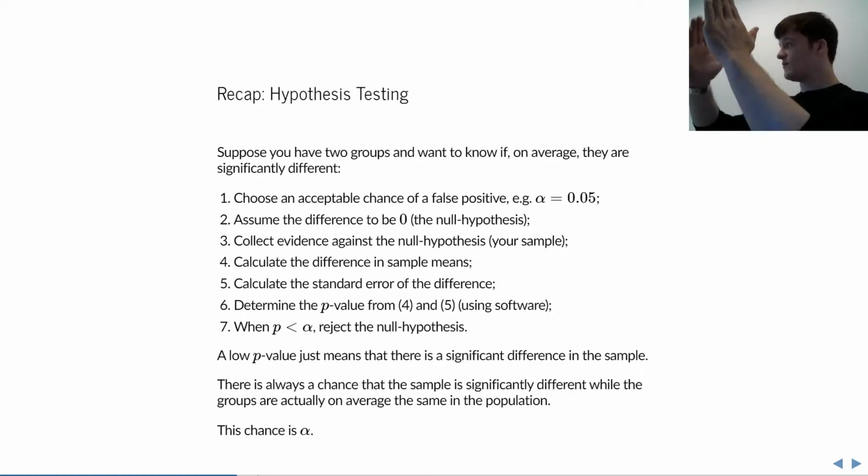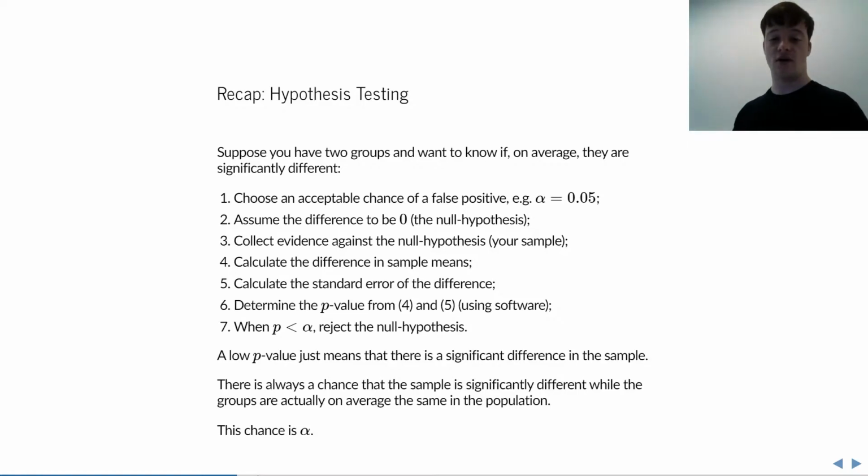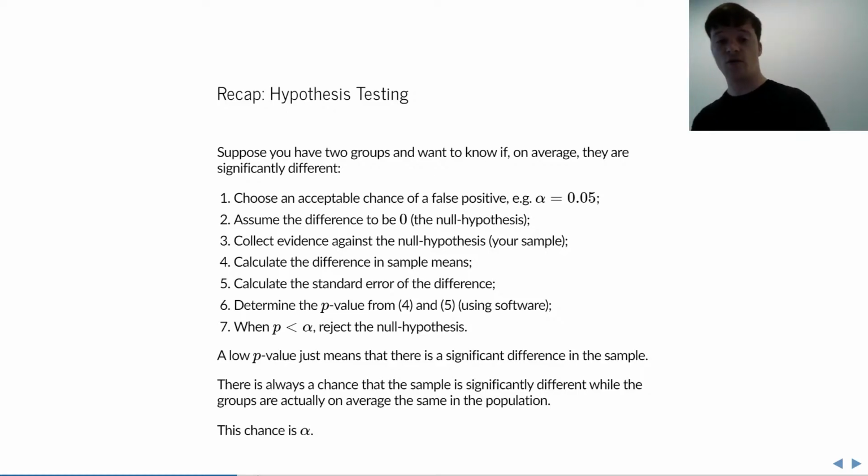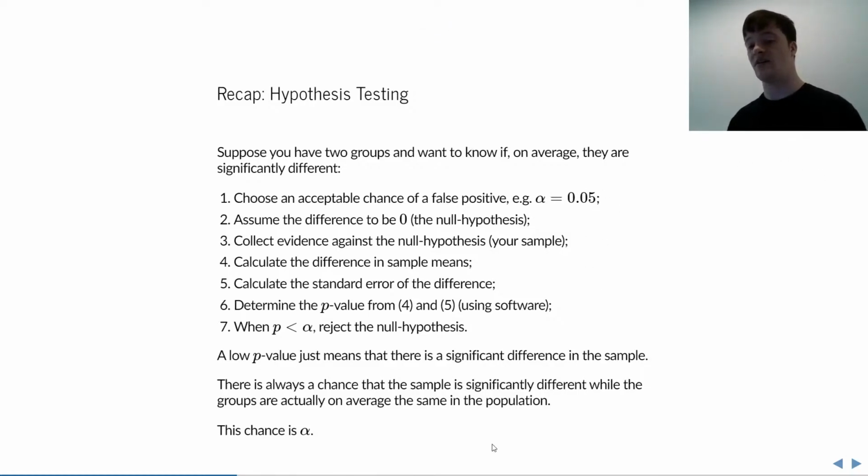We calculate the surface area of that t-value onwards, and that gives us the probability of getting this large a difference if the difference were 0. That's the p-value. If this p-value is lower than the value that we agreed upon, then we say, well, there is a less than 5% chance that this is a false positive. So we reject the null hypothesis in favor of the alternative that there must be a significant difference.